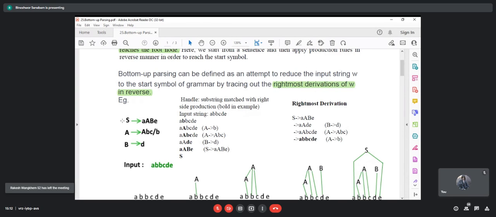Our aim is to derive to S. To derive S, we must get the string small letter a, capital letter A, then capital letter B, then e. So if we convert again over here, we won't be able to do this.